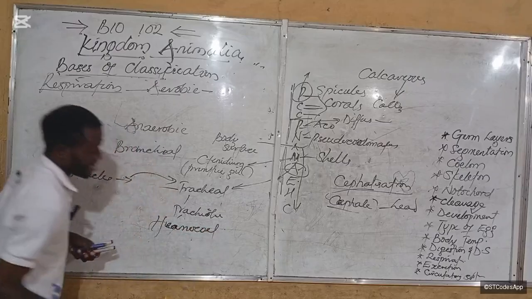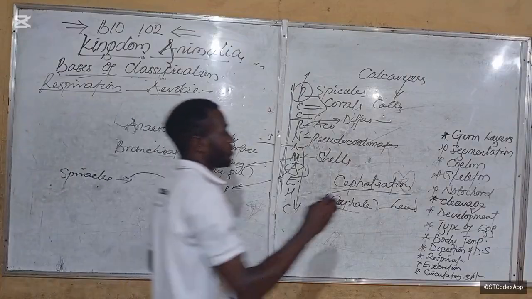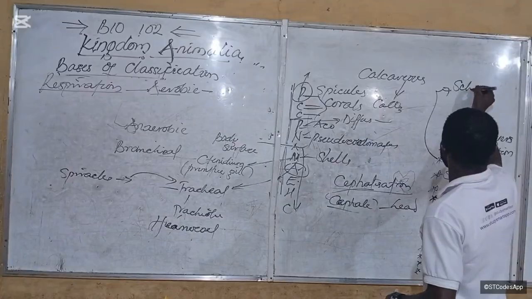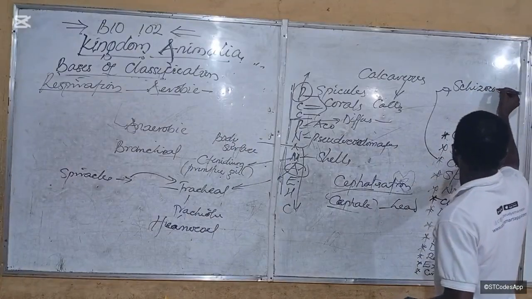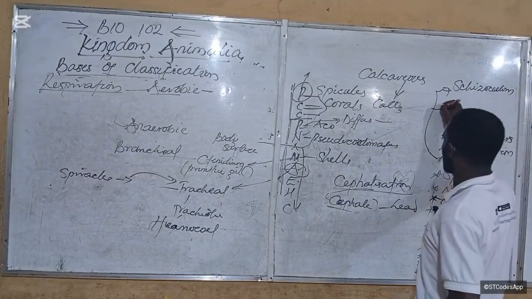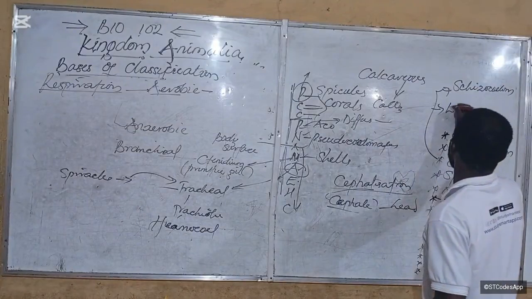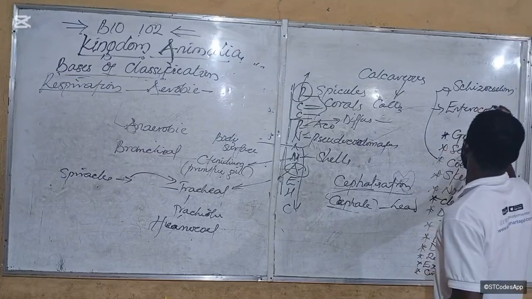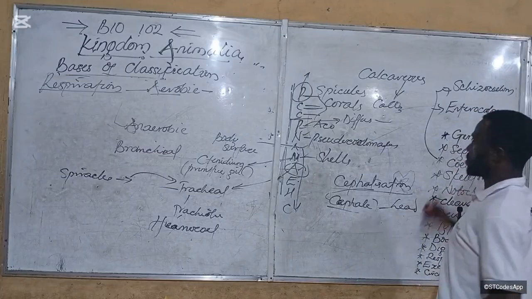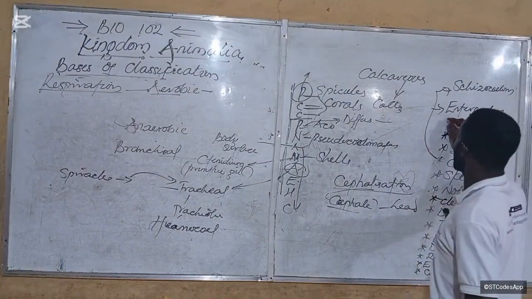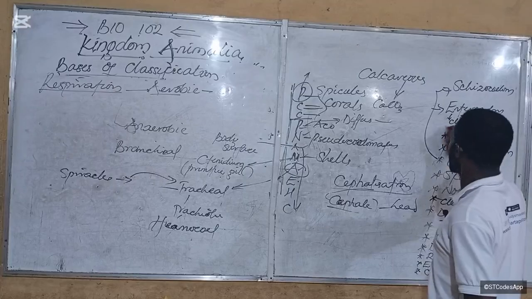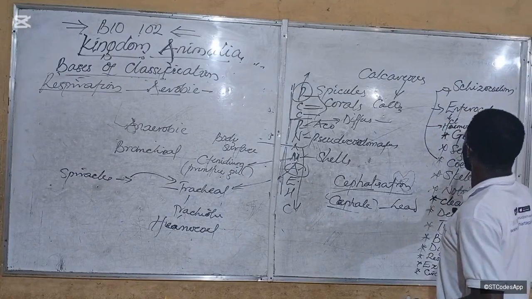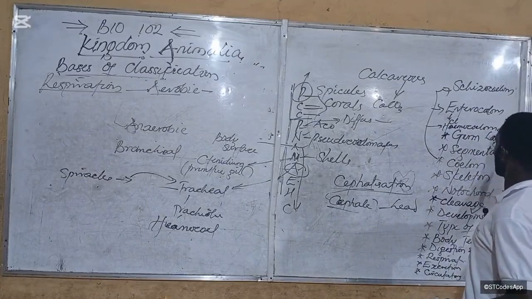Hemocoel. I didn't mention under coelom, there are three types of coelomates. We have the schizocoelom organisms, and we have the enterocoelom organisms. Under the enterocoelom are the chordates. Then we have the hemocoelomates.